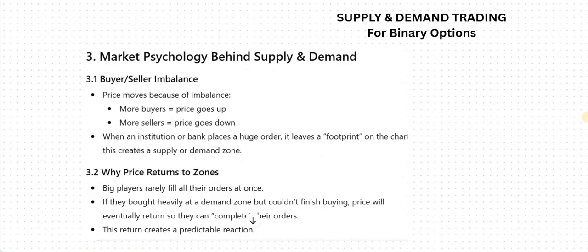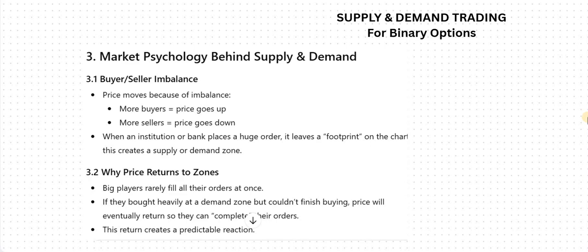Now, the market psychology behind demand and supply. All movement in the market is formed by what? Imbalances, right? When there are more buyers in the market, the price goes up, and when there are more sellers in the market, the price goes down. So how do buyers and sellers come into the market? Through their beliefs.